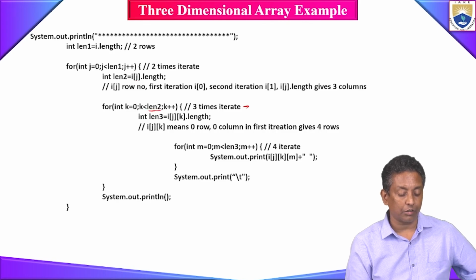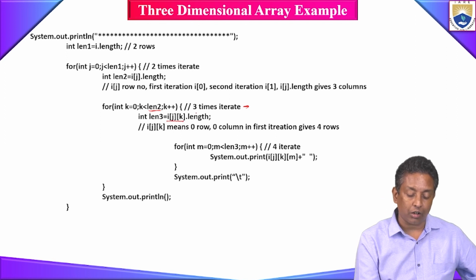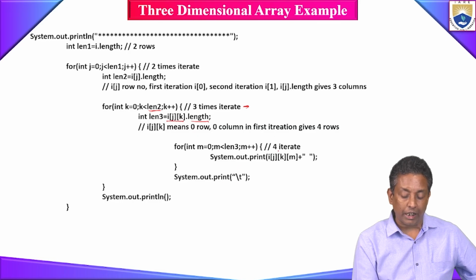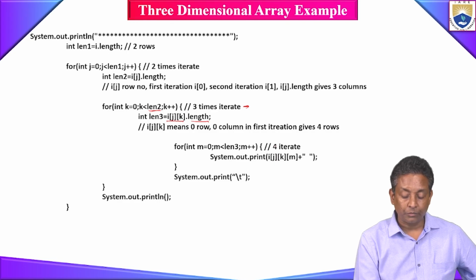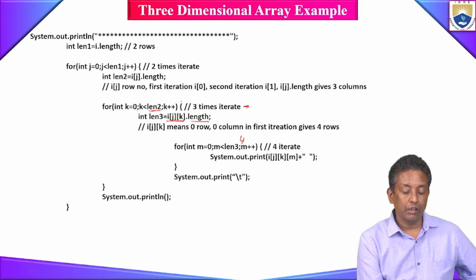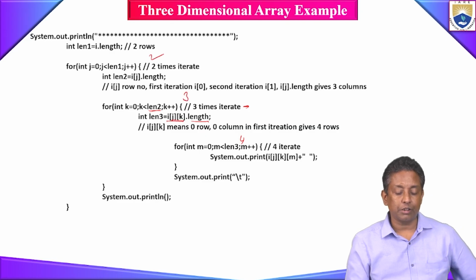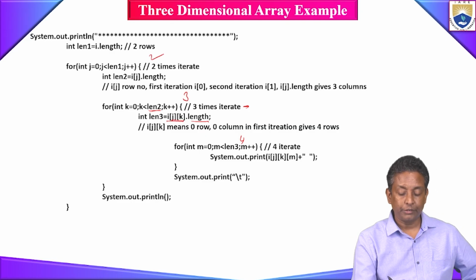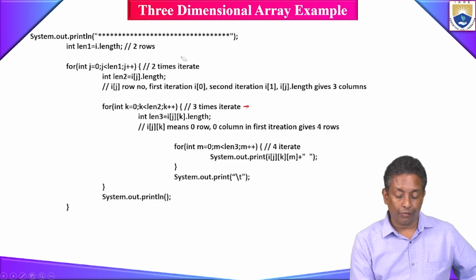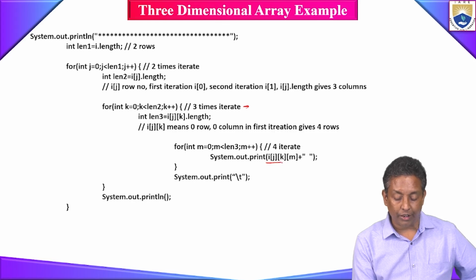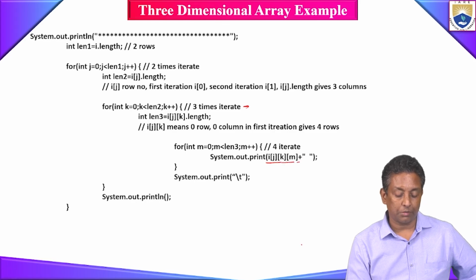Again, i of j of k, in each column, if you find out the length, there are 4 rows. The length will be written as 4. 4 times this loop will be iterated, 3 times this loop will be iterated, 2 times this loop will be iterated. Altogether, all the values are printed here. So finally, we are writing i of j of k of m to display its value.